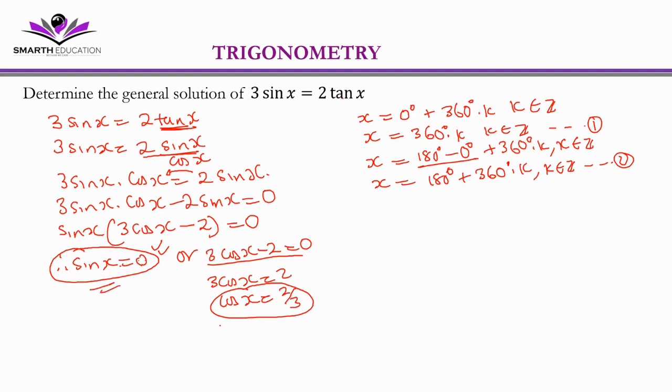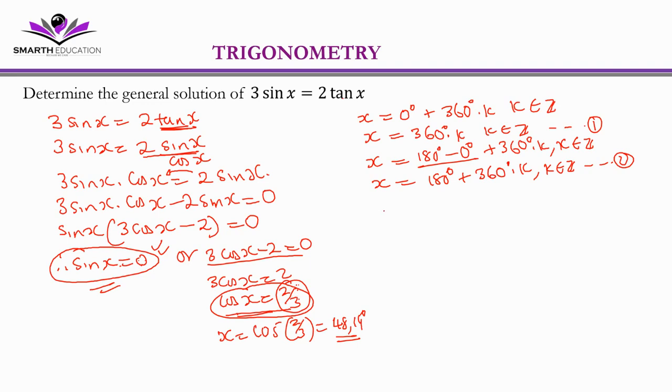Let's go to cos x is equal to 2 over 3 and find the reference angle. Taking the inverse cos of 2 over 3 on the calculator gives 48.19 degrees. This is positive, so it's positive in the first quadrant and the fourth quadrant.